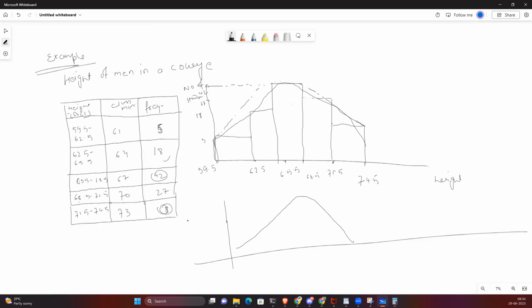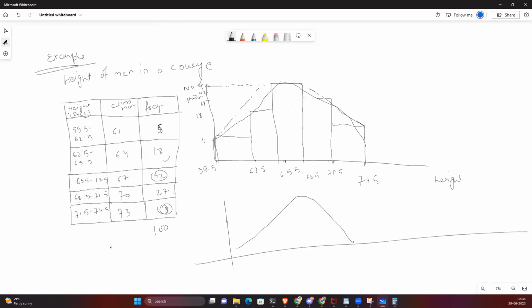How many total number of students under observation? 5, 18, 42, 27, 8. Can you add it? 5, 18, 23. Yeah, 23. 23 plus 42 is 65. 65 plus 27. 100. Okay. Total 100 students are there.